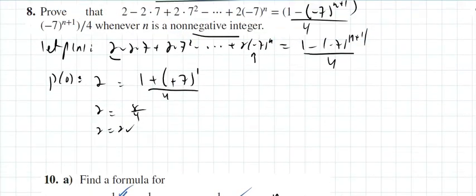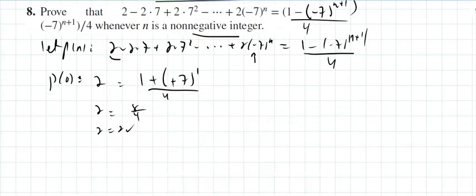Now we make the assumption based on k. We say suppose, or assume, that P of k is true.